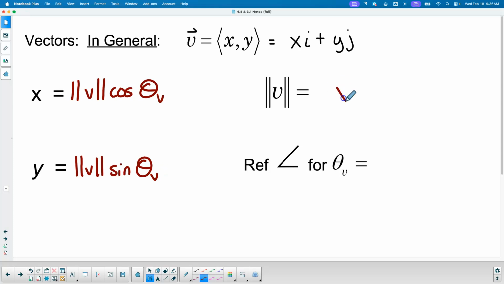The magnitude of v is going to be x squared plus y squared, and then we take the square root of it.